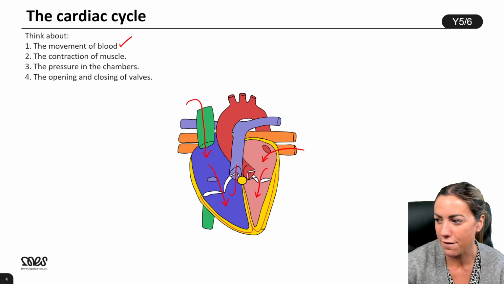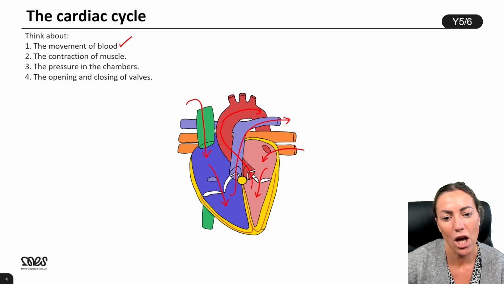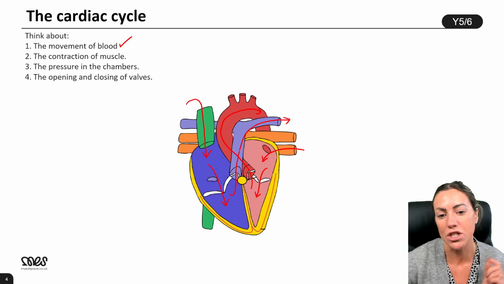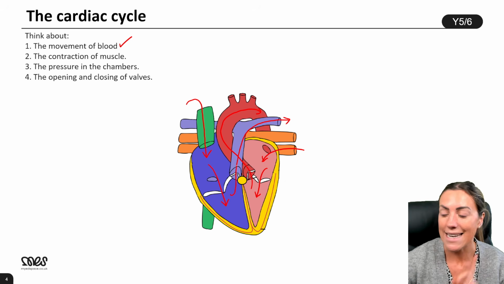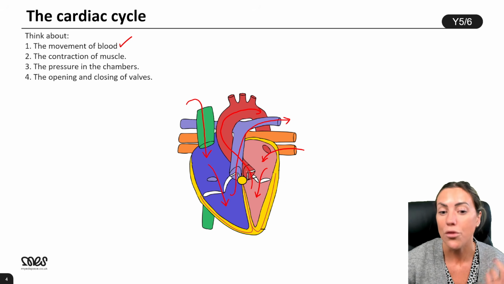It's then going to flow out of the heart in the arteries. So the purple artery is the pulmonary artery. Blood's going to flow from the right ventricle into the pulmonary artery through the semilunar valves to the lungs. And at the same time, blood's going to flow from the left ventricle out through the aorta, through the semilunar valves, and all around the body. So that's the blood flow.